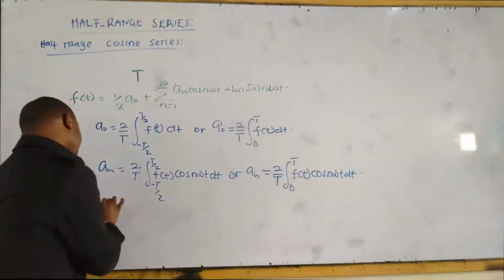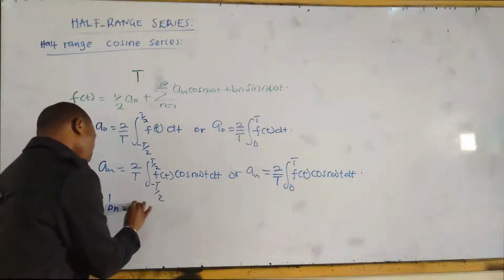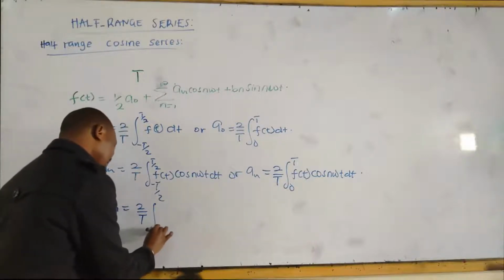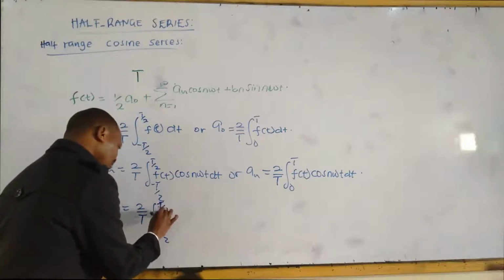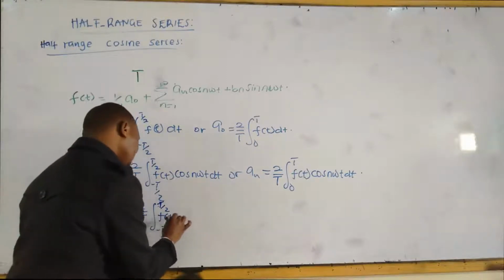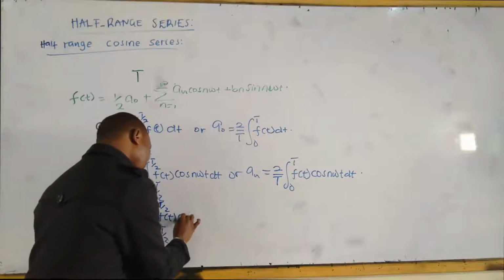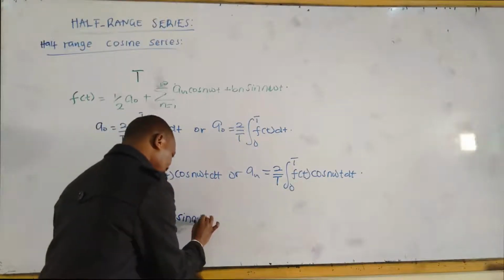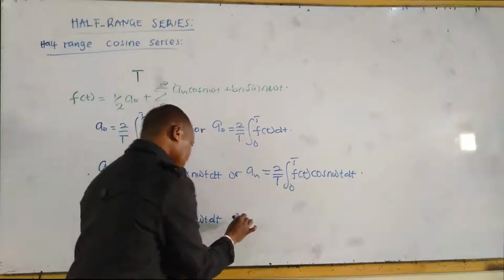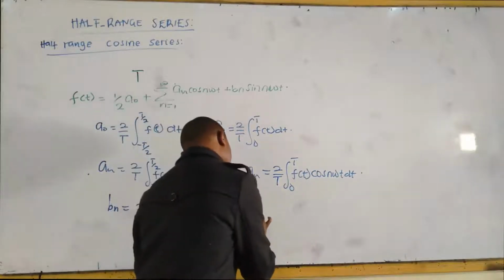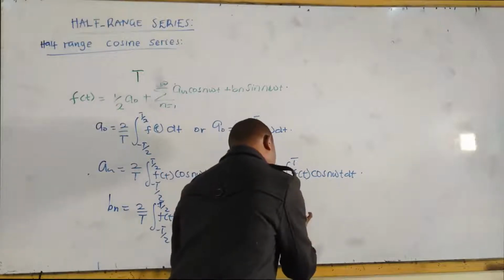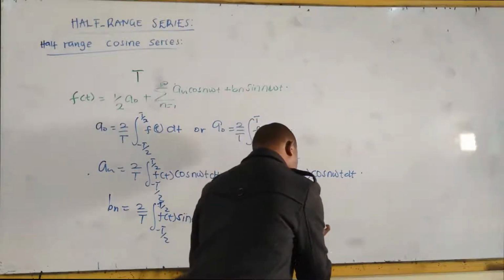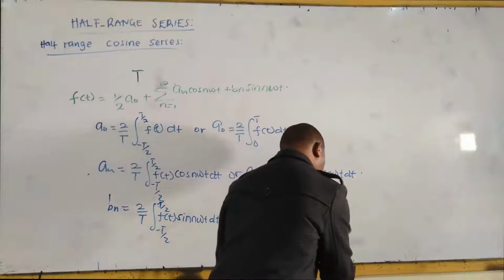And bn is equal to 2 over T, integrate from negative T over 2 to positive T over 2, function of t, sine of n omega t with respect to t, or bn is equal to 2 over T, integrate from 0 to T, function of t, sine of n omega t with respect to t.